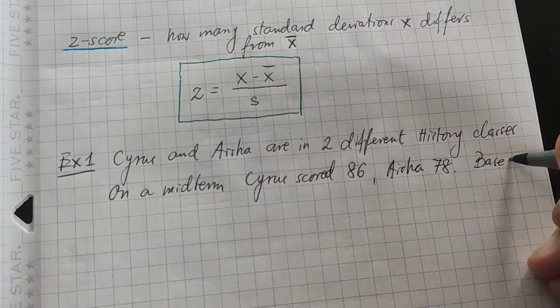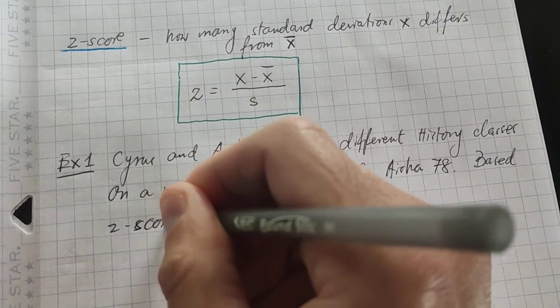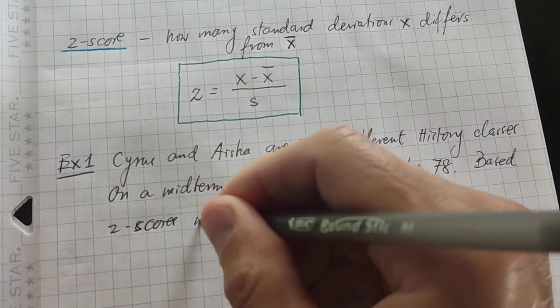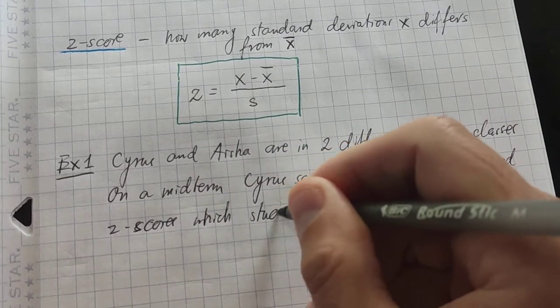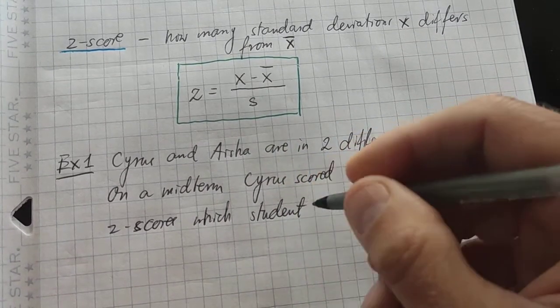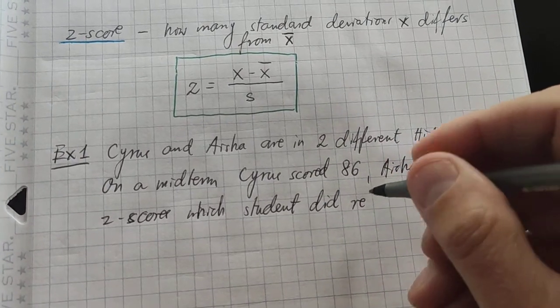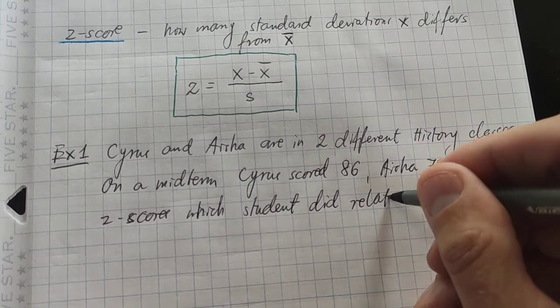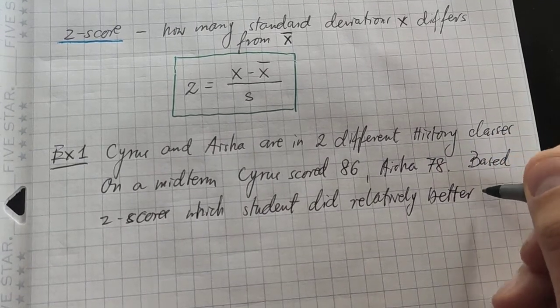Now, based on z-score, which student did relatively better?